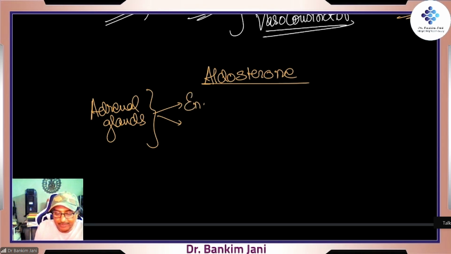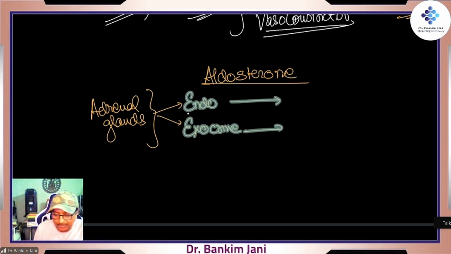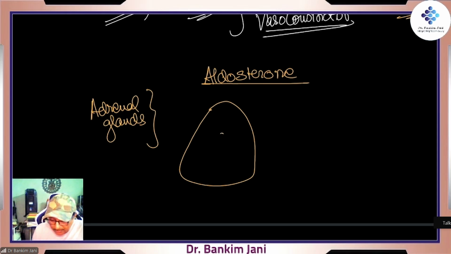I mean, they are endocrine as well as exocrine, because they release some of the chemicals into the blood. Now, let's draw it. That will make things easier. So here is the adrenal gland. The central portion is what is called the medulla, and this one is called the cortex. So we are talking about this.